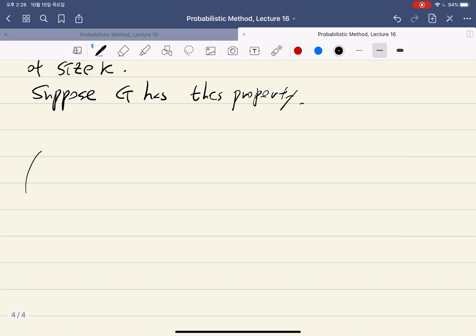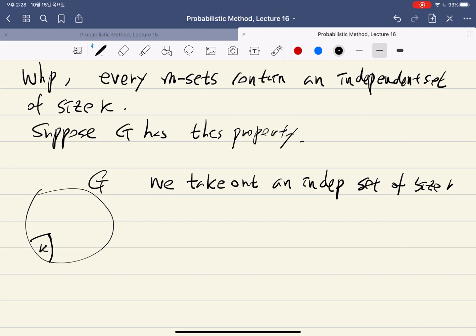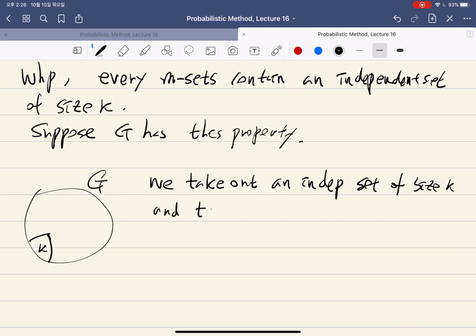Then we have a G, and because of this property, we can take any m-set. In that m-set, we can find a set of size k which is an independent set. Then we take out an independent set of size k, and we take this as a color class.